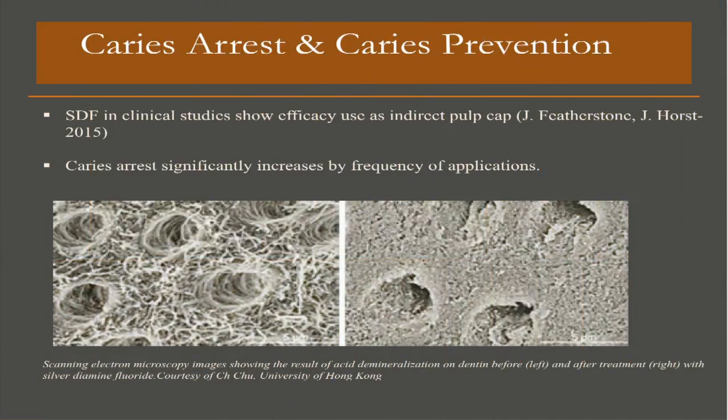In clinical studies by Featherstone and Hartz in 2015, SDF has been shown to be effective in indirect pulp capping therapy. Additionally, with increasing frequency of application, the arrested caries significantly increases.